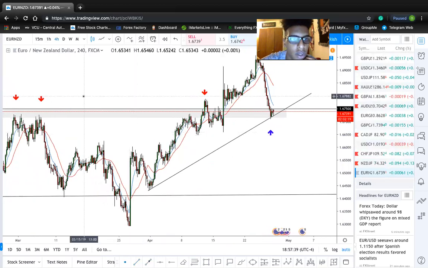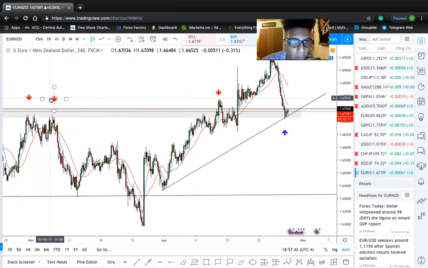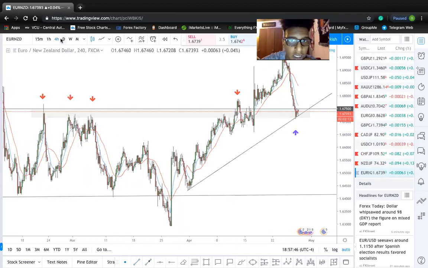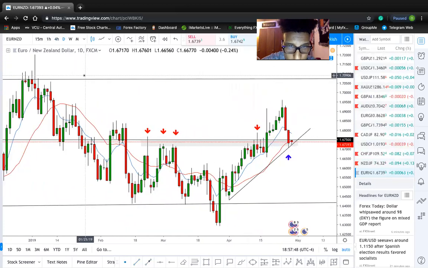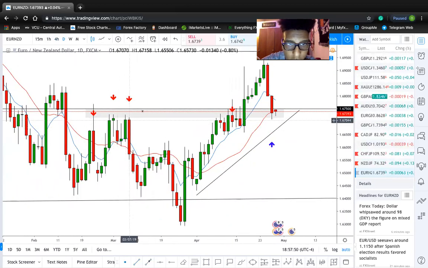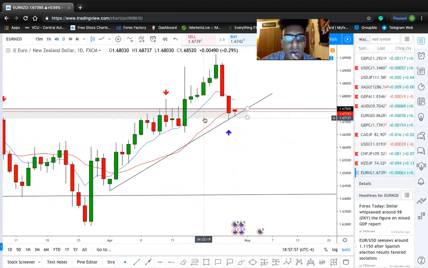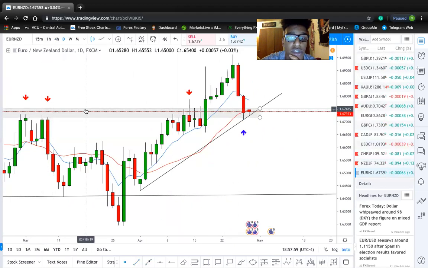But here on NZD, you can see we are back at this previous zone that we broke out of. You can see on the daily, it was a huge... I don't know what's going on. Okay, it's probably loading up. We can see we are getting some rejection in this zone, and in the past it was well respected.